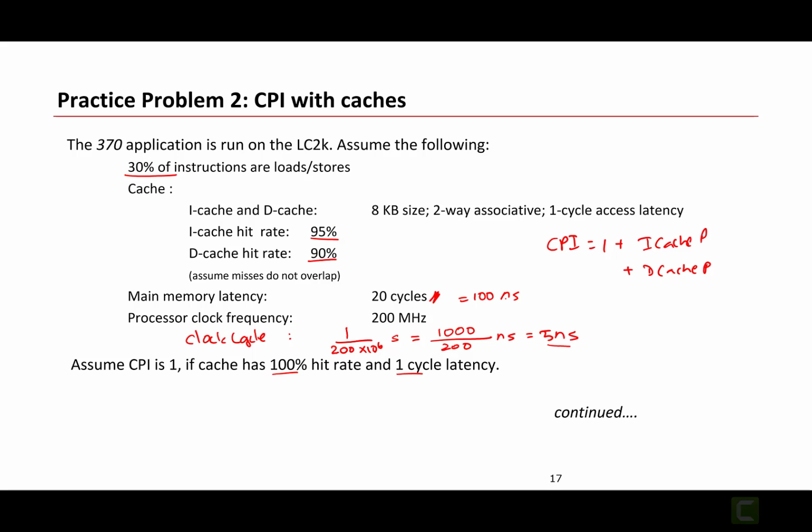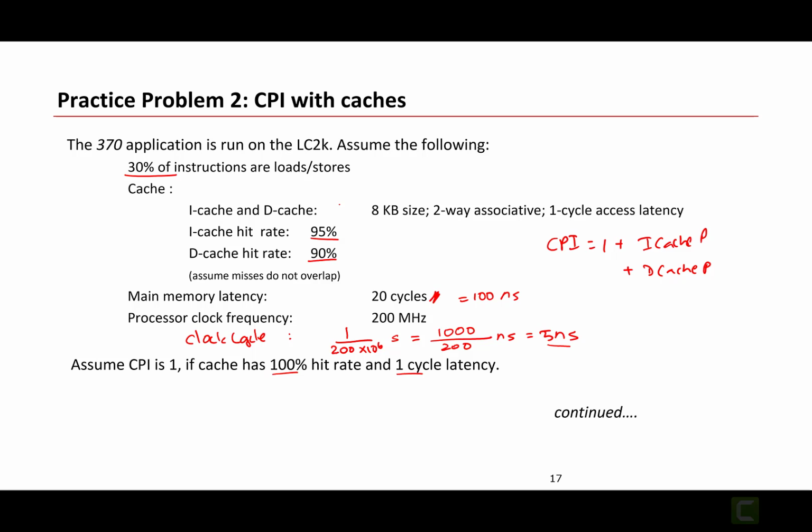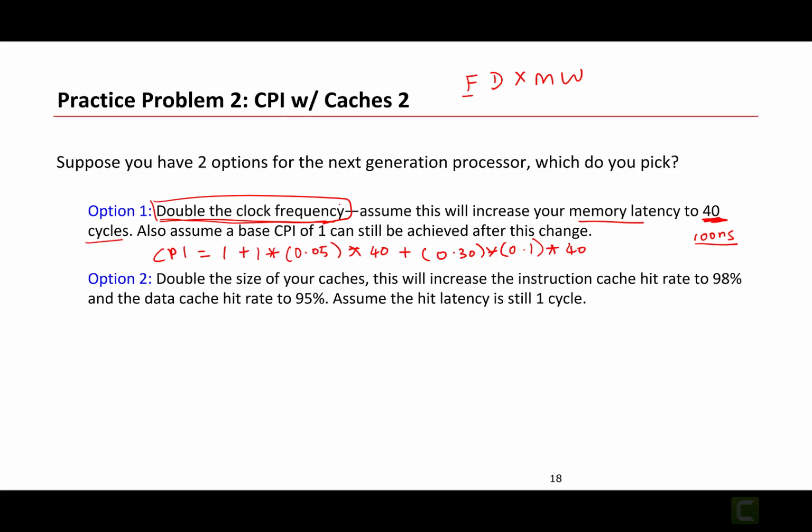Now that does not change when I double the clock frequency of the processor. So now when I double the clock frequency of the processor in option 1, my main memory latency is still 100 nanoseconds, but my clock frequency has doubled.